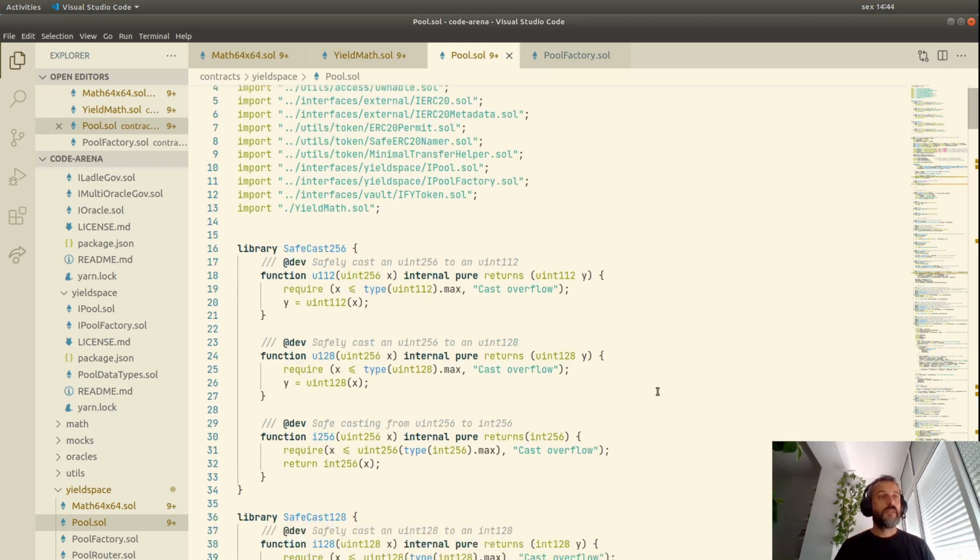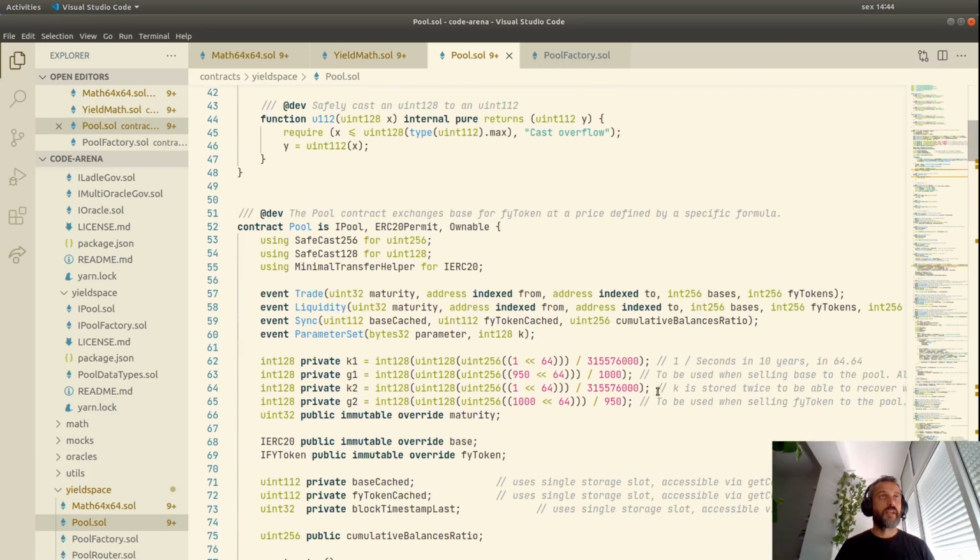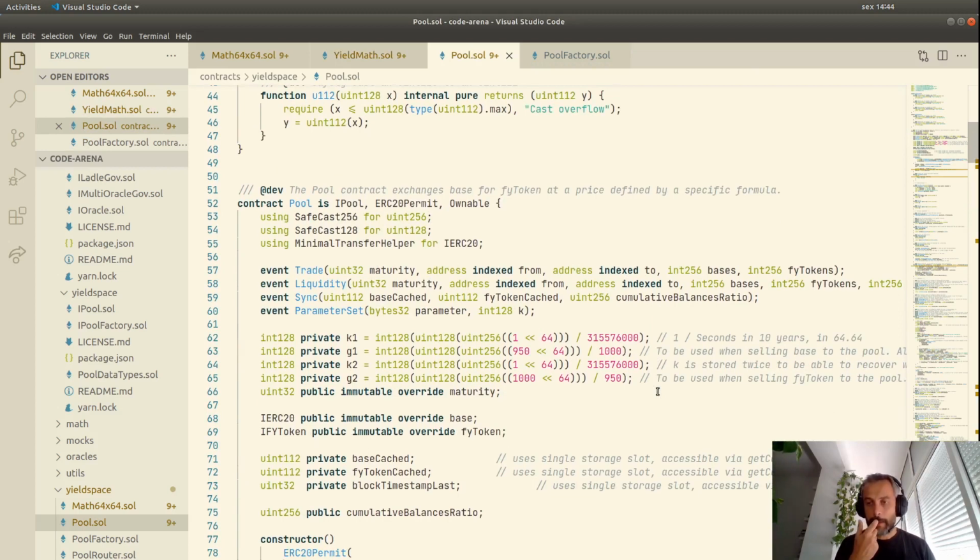Pool.sol is an automated market maker, very much following the design of Uniswap v2. That's what we took as a basis. We added a few things that we found would be relevant, like an ERC 2612 permit, so that you can use that with the tokens.